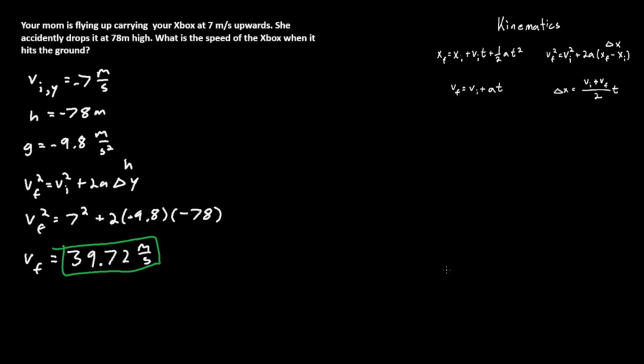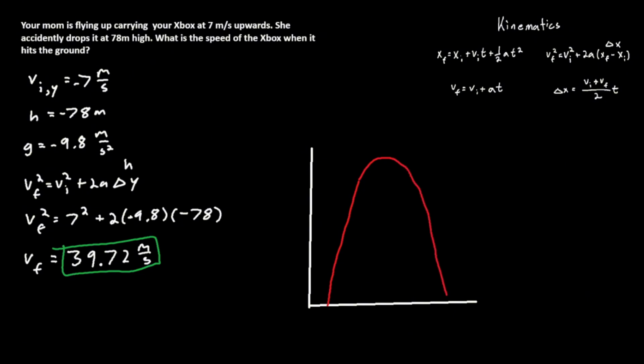Well, if you were to draw the graph here, let's draw the little diagram. Let's not worry about the x-axis. She's going straight up. In the first case, she's going straight up at 7 meters per second, and then she stops and it kind of arcs down.